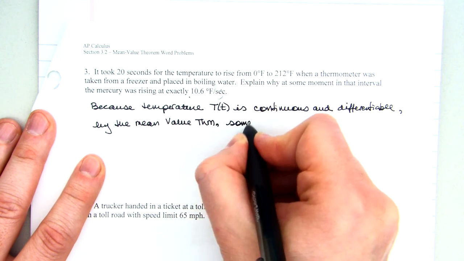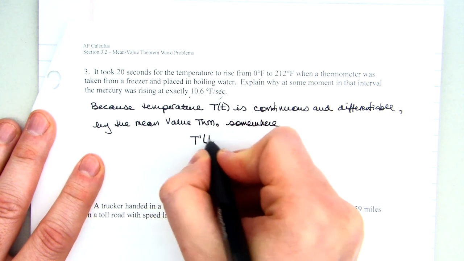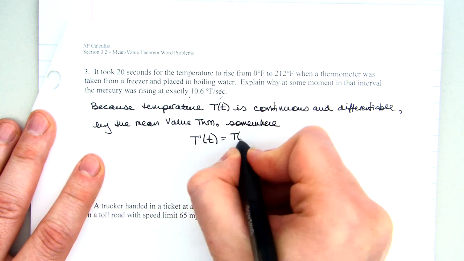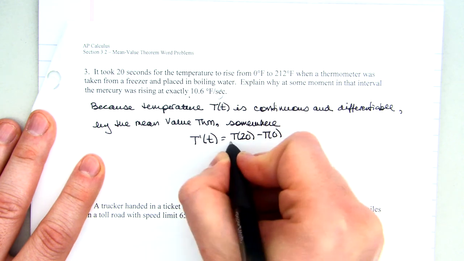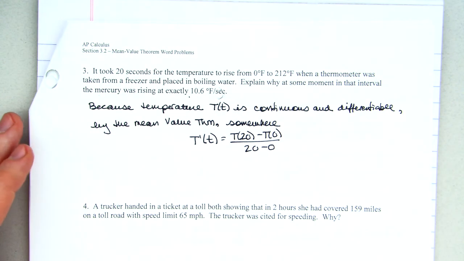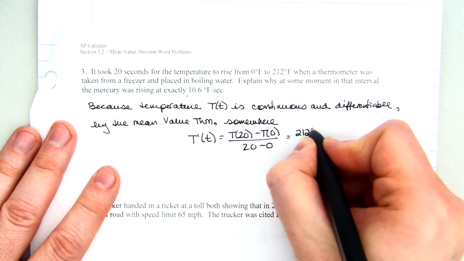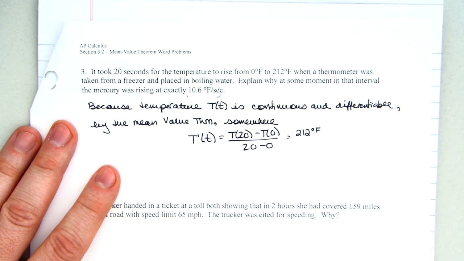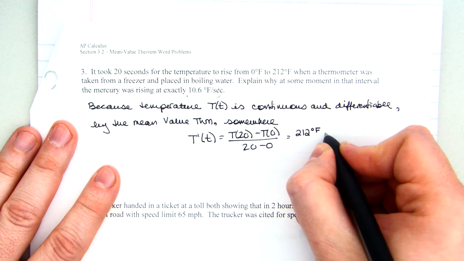somewhere the derivative of the temperature has got to equal the temperature at time 20 minus the temperature at time 0 over 20 minus 0. Was the temperature at time 20 212 degrees Fahrenheit? Temperature at time 0? 0 degrees Fahrenheit.